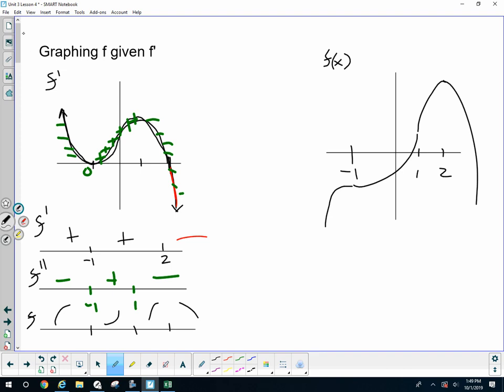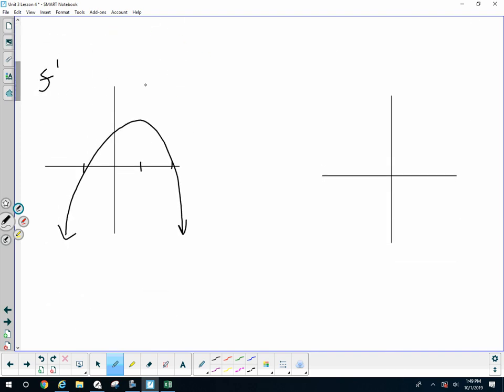Okay, but what you will mostly see is the graph of f prime, and you'll be asked questions like, when is f increasing at a decreasing rate? We need to be able to translate this. F is increasing when its derivative is positive.